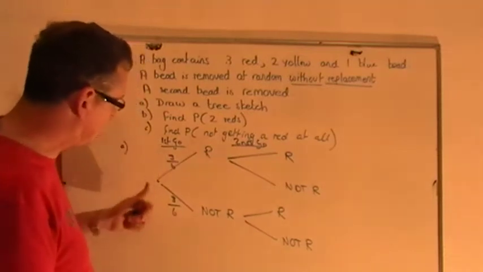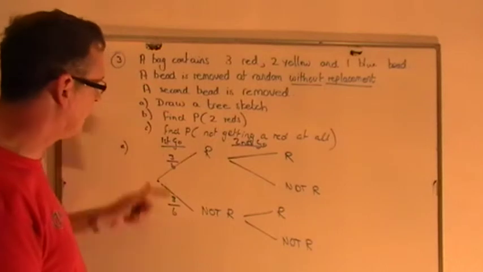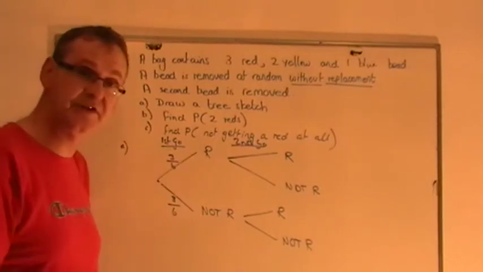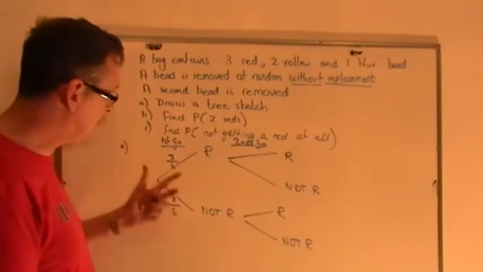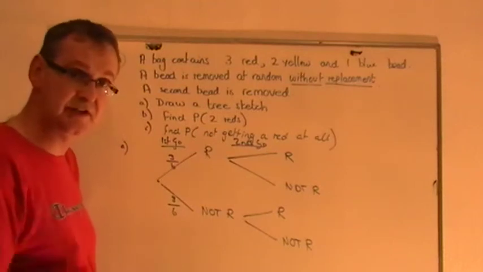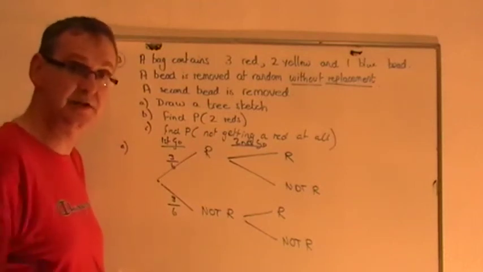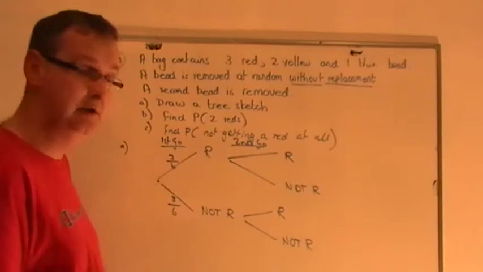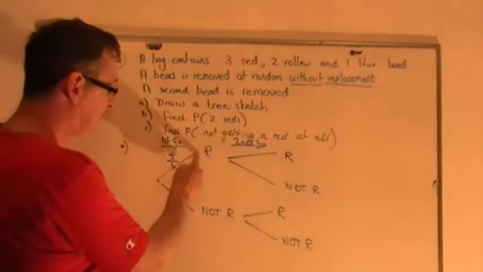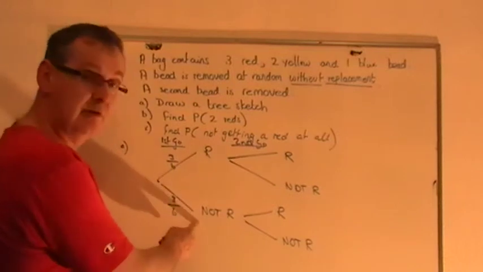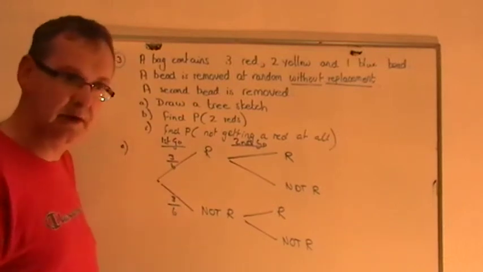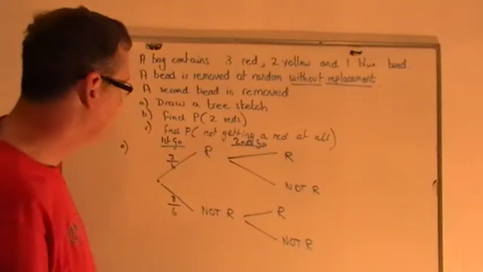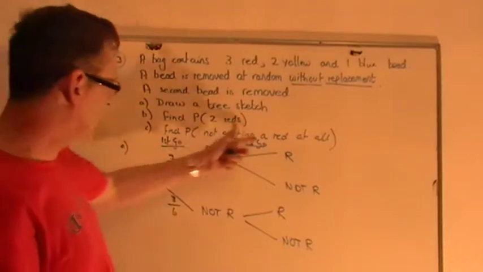Notice 3 out of 6 red, 3 out of 6 not red. In total there's 6 out of 6, which is 1 whole, which in probability terms is a certainty. So you either get a red or you don't get a red. That's it, it's certain. Okay, second go.